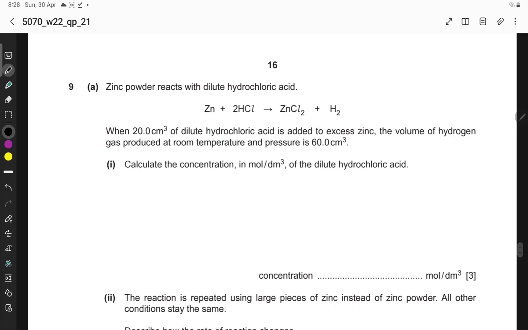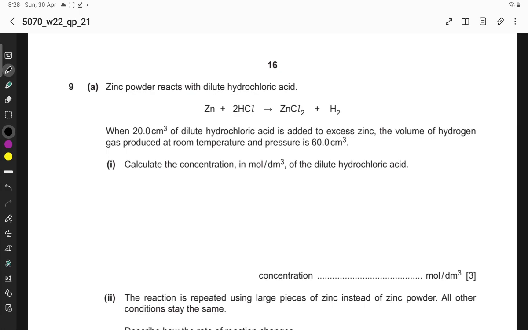Zinc powder reacts with dilute hydrochloric acid. When 20 cm cubed of dilute hydrochloric acid is added to excess zinc, the volume of hydrogen gas produced at room temperature and pressure is 60 cm cubed. Calculate the concentration in mol per dm cubed of the dilute hydrochloric acid.